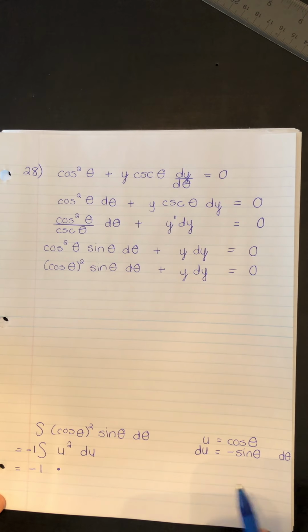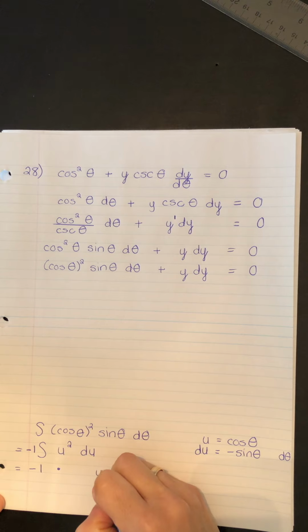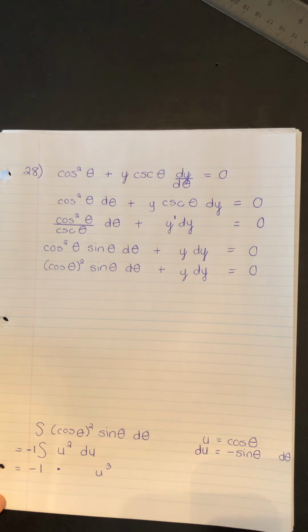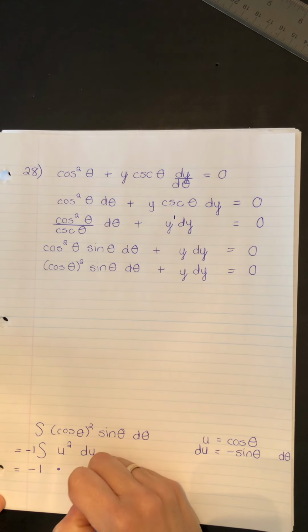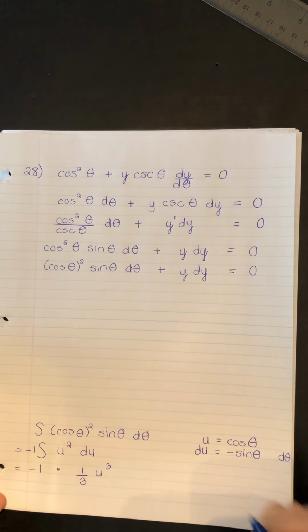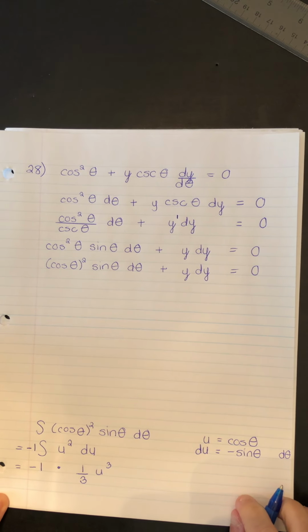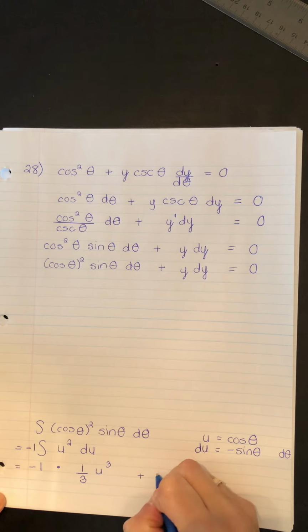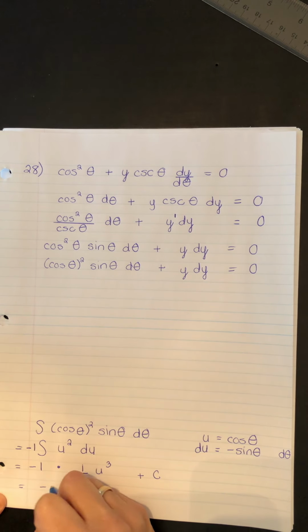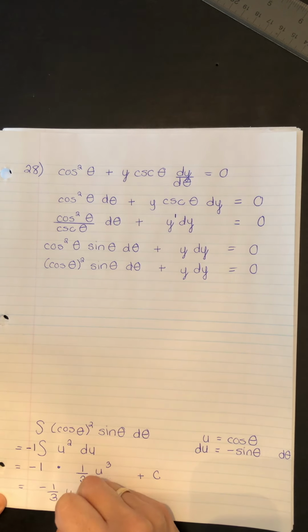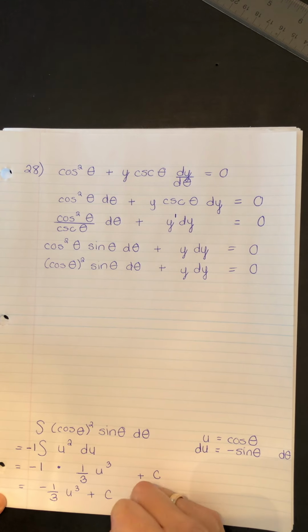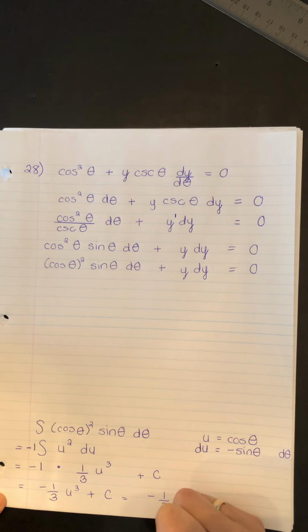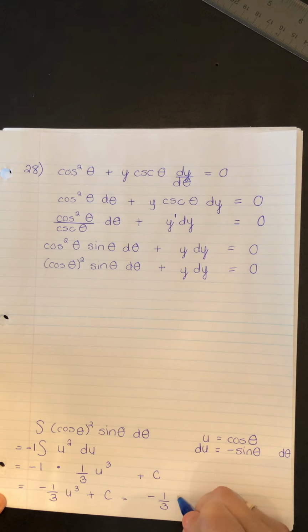How do you integrate u squared? Well, you certainly know how to do this. You add 1 to the exponent, and in front of that will be 1 over that exponent. Okay, and of course there'll be a constant. So this is -1/3 u cubed plus c. But don't leave the u there. Certainly we have to put back cosine of theta.